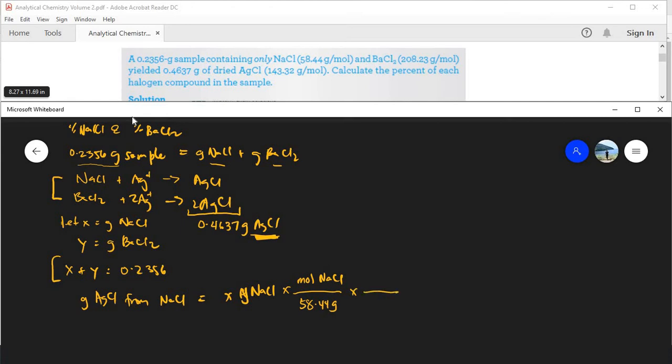Then 1 mole of NaCl produces 1 mole of AgCl, so the moles cancel. 1 mole AgCl has 143.32 grams AgCl. So this gives us 143.32 divided by 58.44, which is 2.4524x.